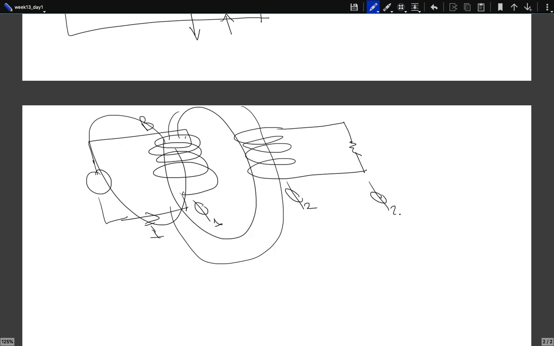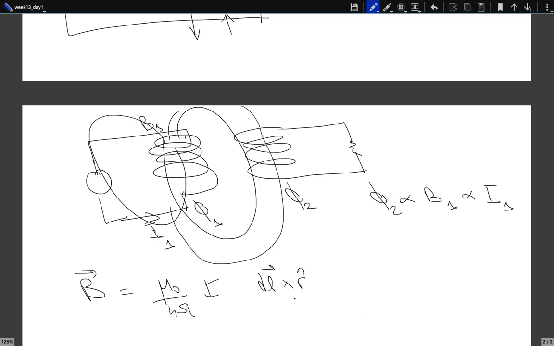Well, this phi 2, you see the flux is magnetic field times the area. Phi 2 will be proportional to the magnetic field created by the first current. But B1 will itself be proportional to I1. If you remember, we have the Biot-Savart law. This is mu0 over 4 pi I dl cross r hat divided by r squared. This was the magnetic field created by a current carrying wire.